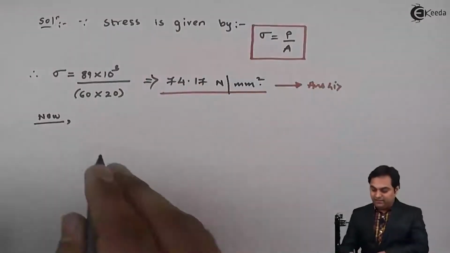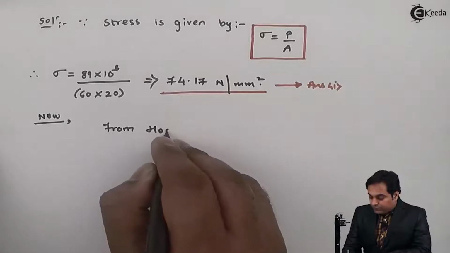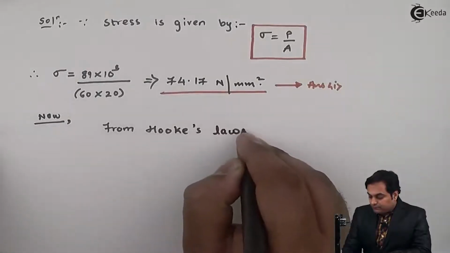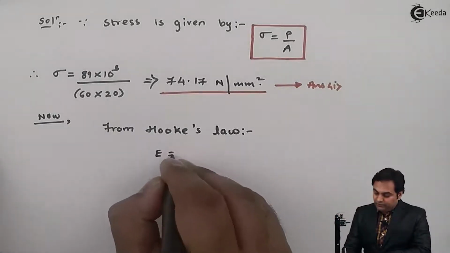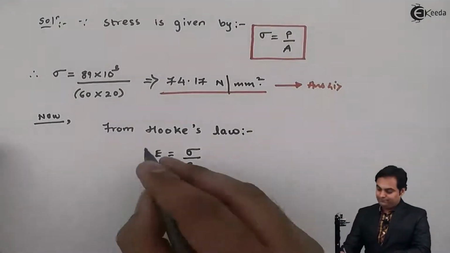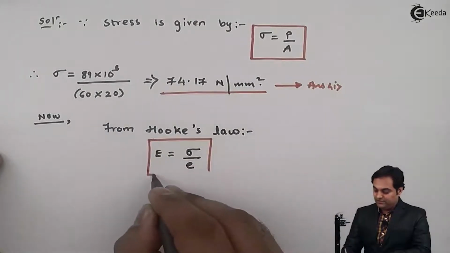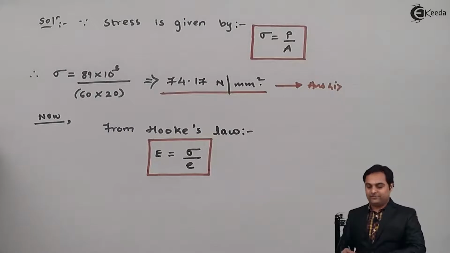So now from Hooke's law, Young's modulus capital E was equal to stress upon strain. I'll highlight this formula because we are using this from Hooke's law to calculate strain.